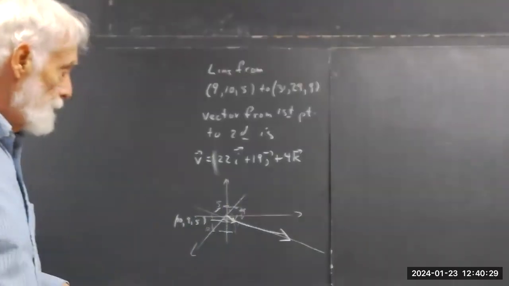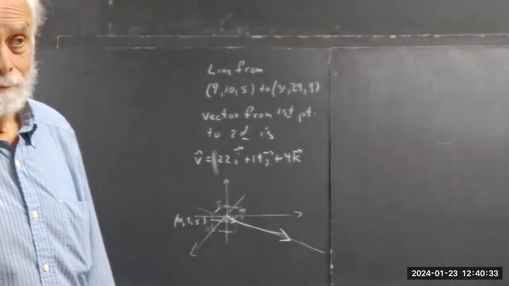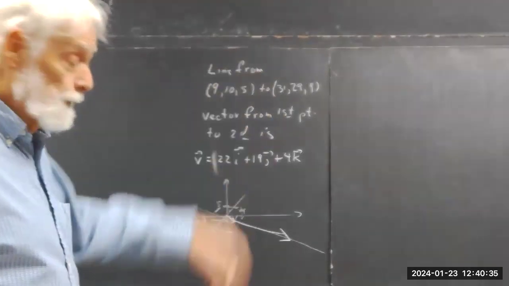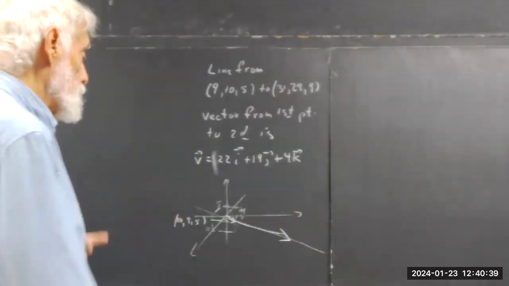Okay, here's the line. It has to go through this point, has to be parallel to this vector. It would be more parallel if that vector is a little straighter. So here's the line.